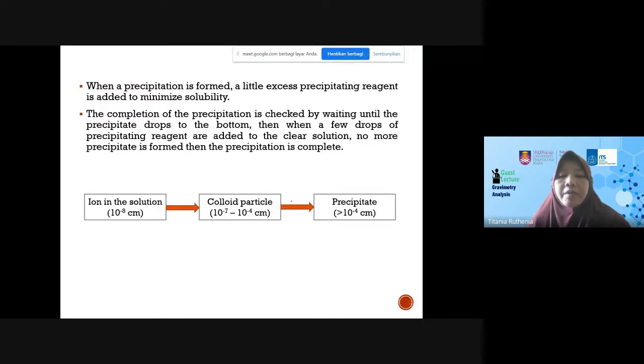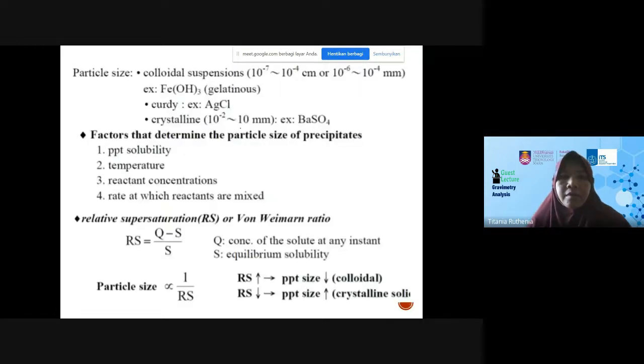And then it will become a precipitate and go down to the bottom of the glass when the particle size is more than 10 to the minus 4 centimeters. So in this case, we will have the precipitate. This is the particle size range of the colloidal suspension.